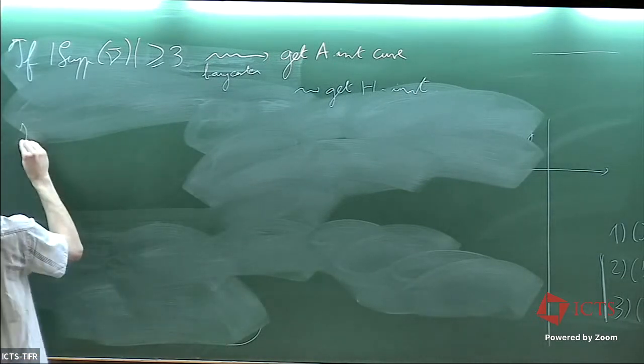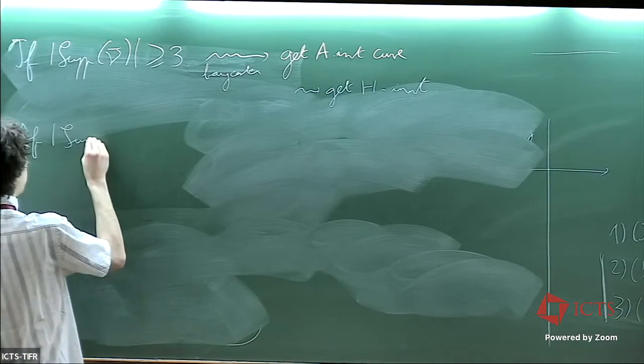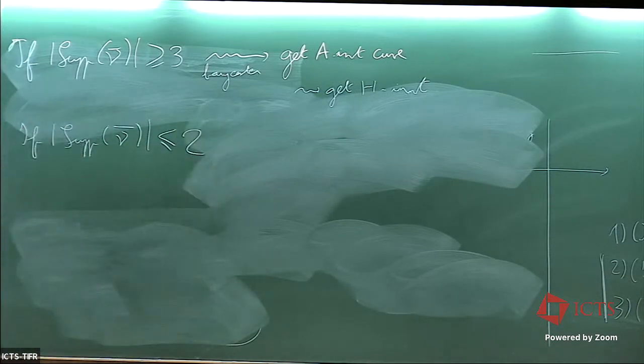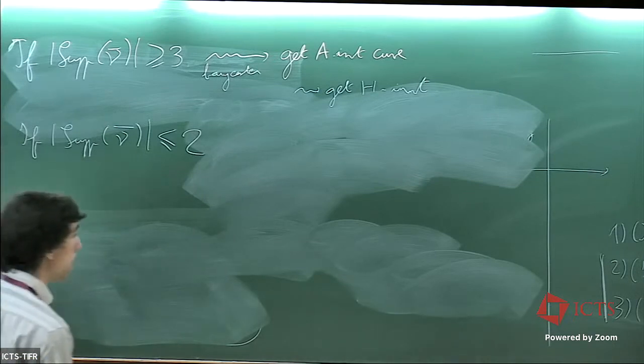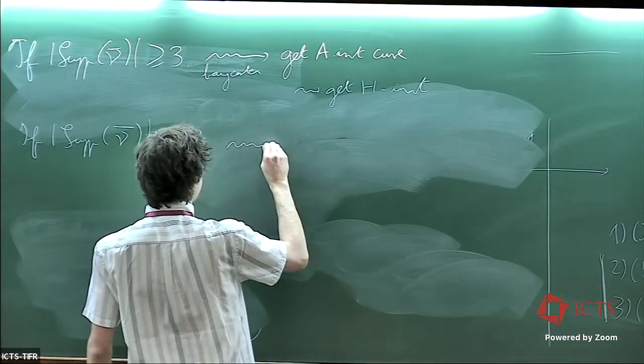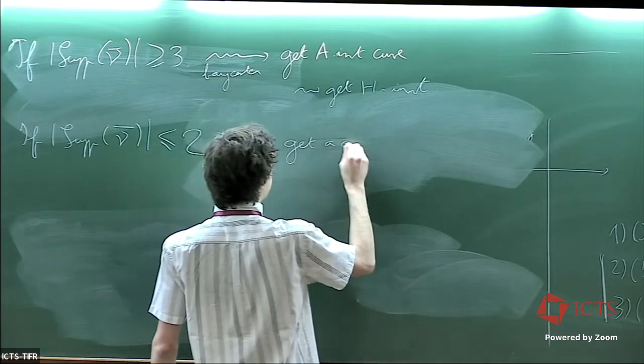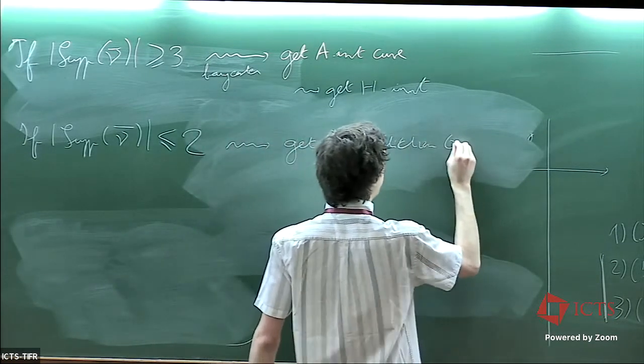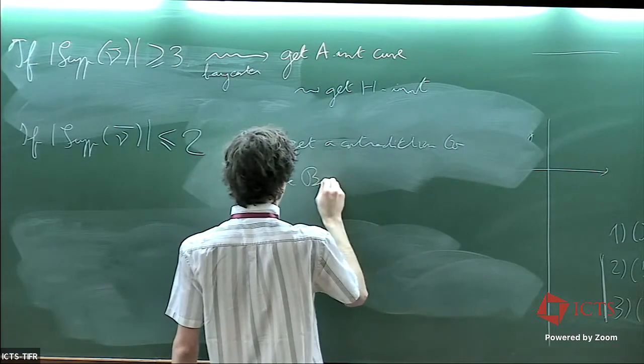And finally, if the support of every A-invariant probability measure is at most 2, then you get a contradiction to the Borel amenability of the action.